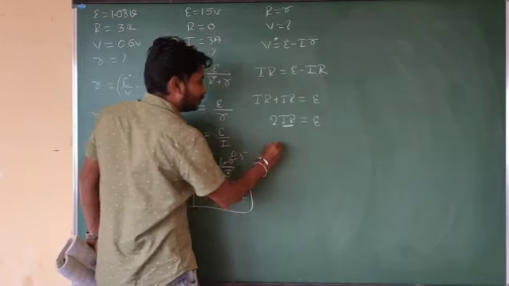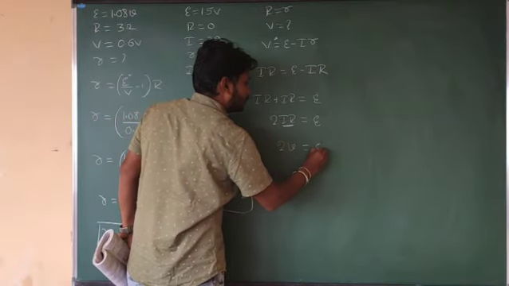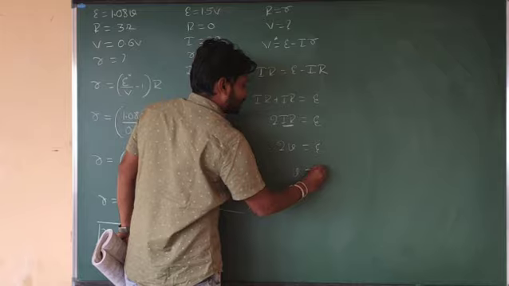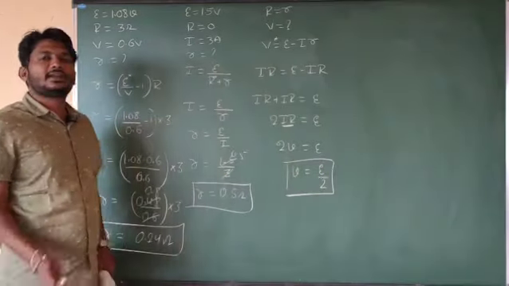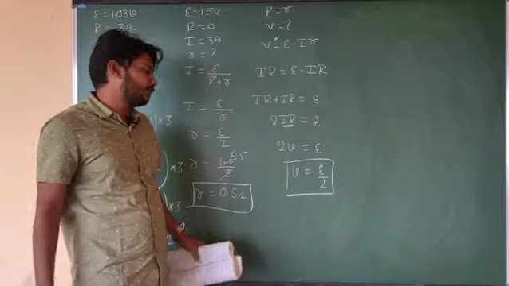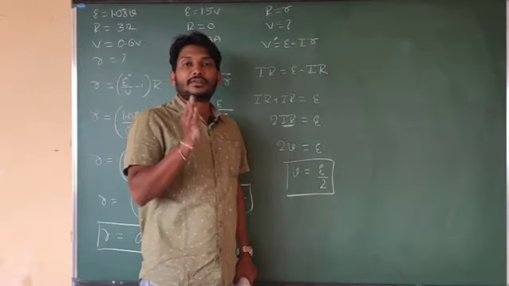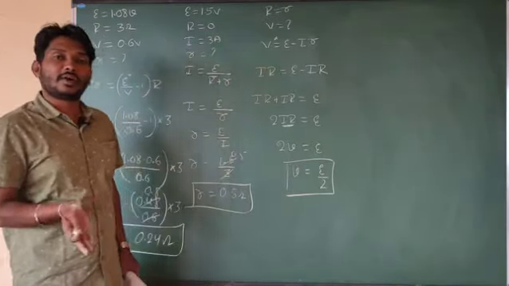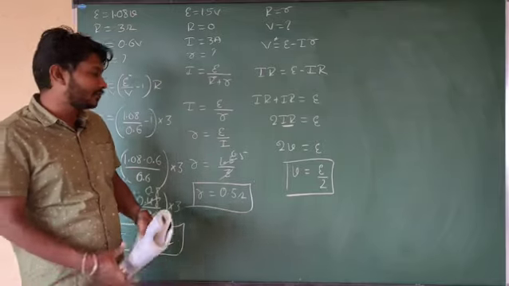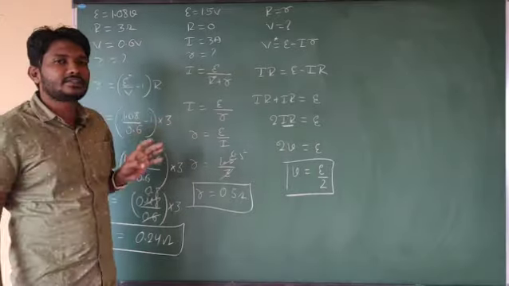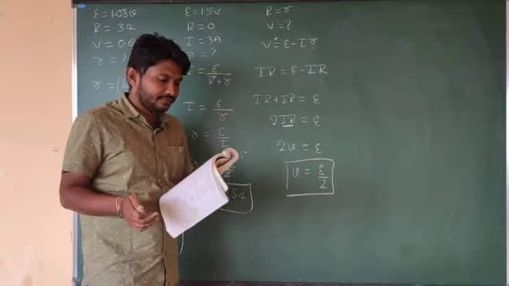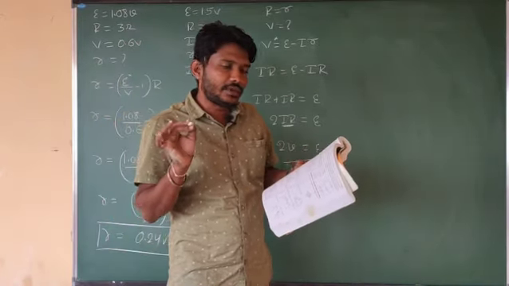So from Ohm's law, 2V is equal to E. V is equal to what? E by 2. So what it means here? If external resistance is equal to internal resistance of the cell, then terminal potential difference is half of the EMF.